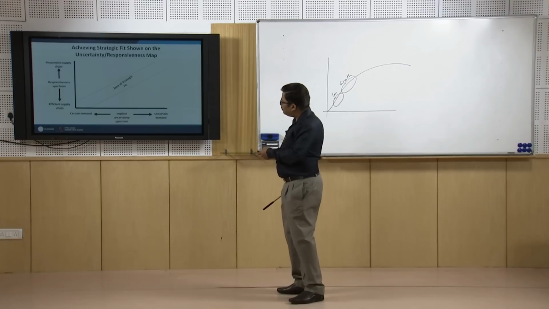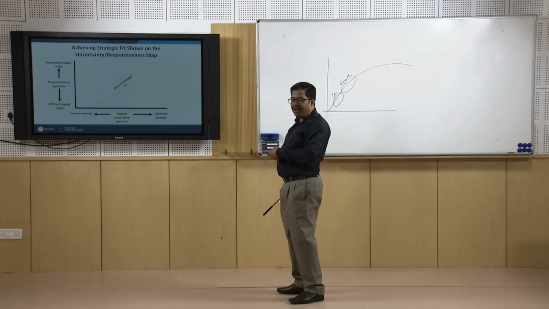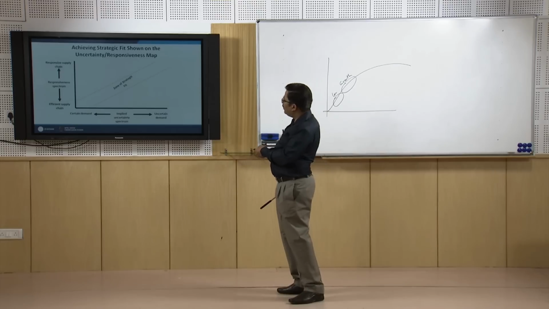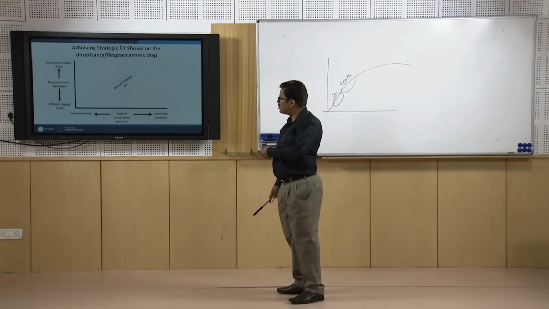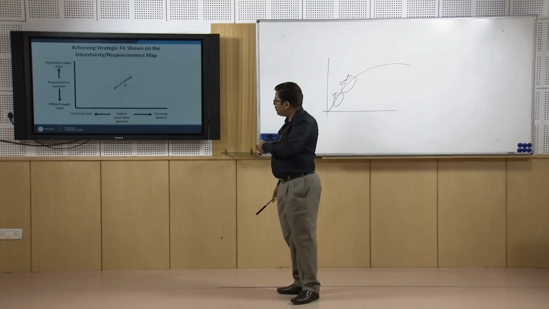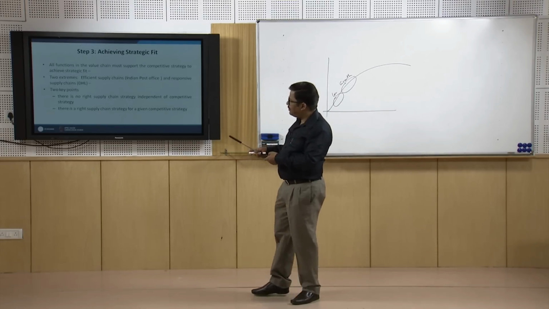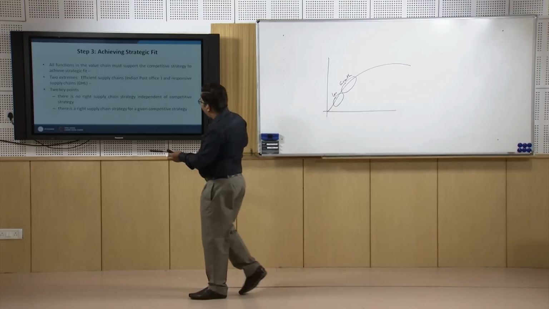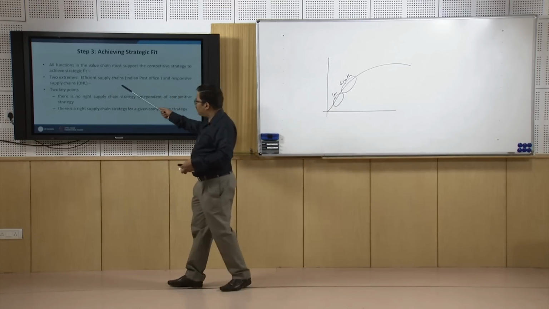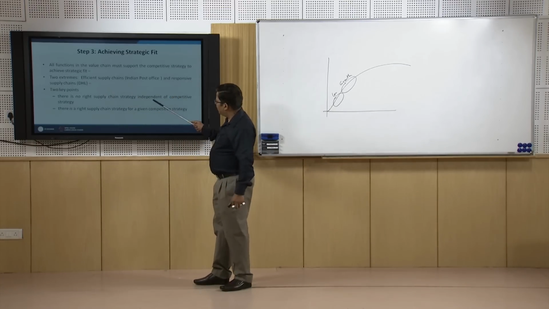So I hope that the purpose of this supply chain strategy development is now clear to us, the process is clear to us, and how drivers help in development of this supply chain strategy, that is also clear to us. So after achieving the strategic fit, we can discuss these two examples.